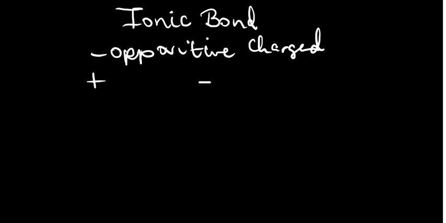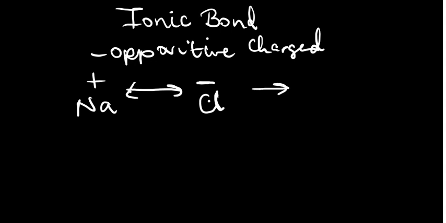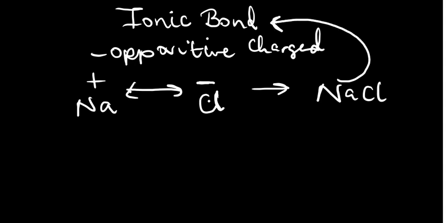So if you have an ion that is positively charged, for instance sodium, and another ion which is negatively charged overall, which is chloride, these two are going to get attracted to each other and form a bond, which is sodium chloride. This is what we refer to as an ionic bond.